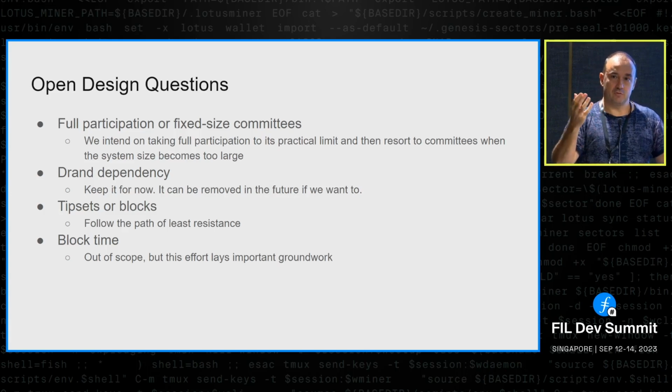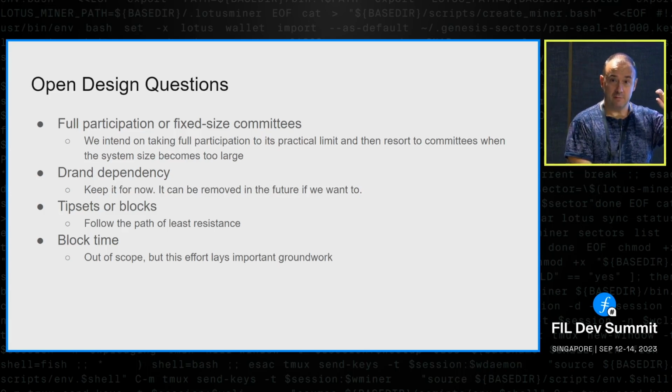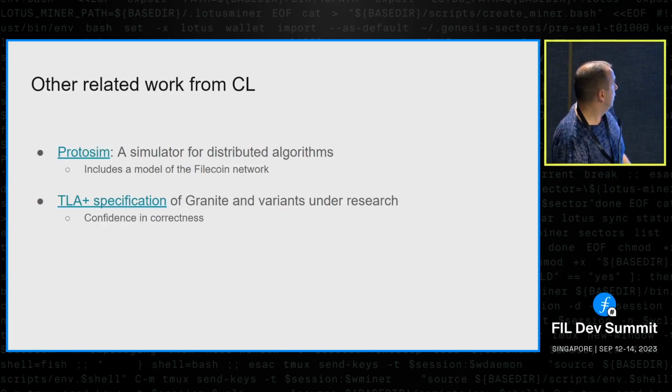We would leave the community to decide this, but at the moment we are just going to leave tipsets and finalize tipsets instead of single blocks. On block time, initially we also looked at reducing the block time from 30 seconds, I'm talking about the single epoch time. But arguably this is an orthogonal problem. So for the moment we are leaving the block time at 30 seconds. The epoch stays the same, and this can be subject to another FIP.